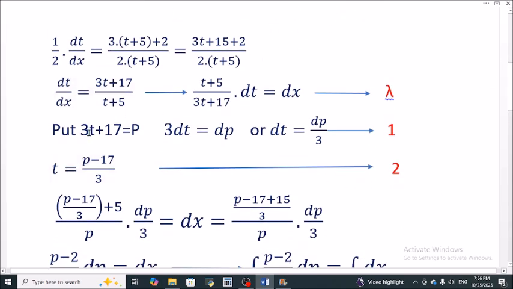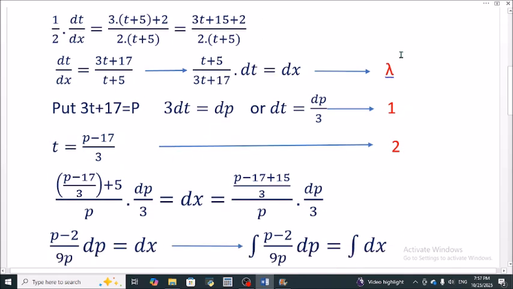And here, from our assumption 3t plus 17 equals p, and to be able to substitute in this equation for the equivalent values, we have 3t equals p minus 17, so t equals p minus 17 over 3. So here let's call this equation 2.